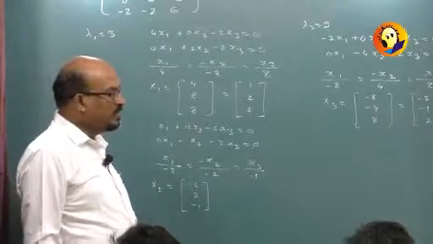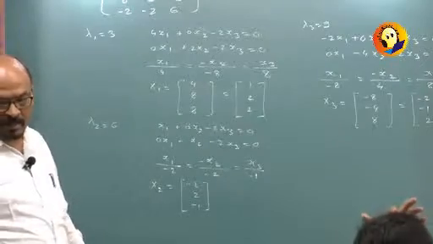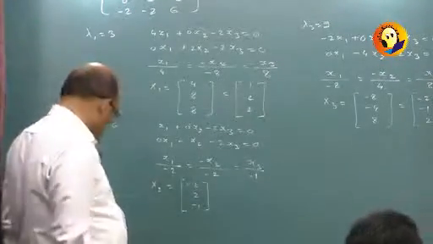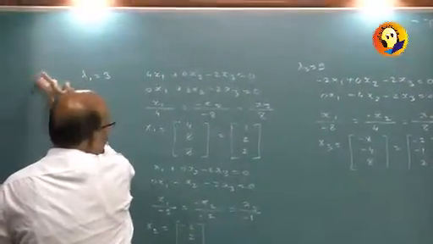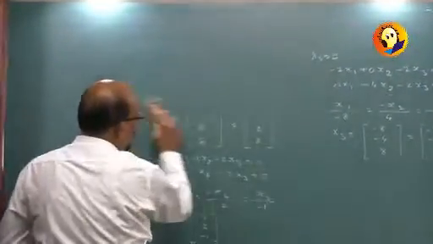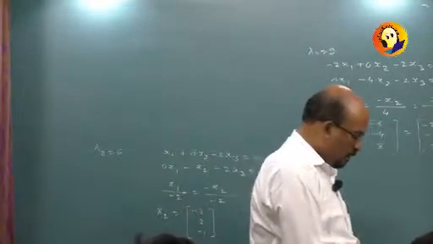And now our case number 4, A is symmetric and eigenvalues repeating, and the property remains that they are going to be orthogonal, and so we will have to have a different procedure to solve them.